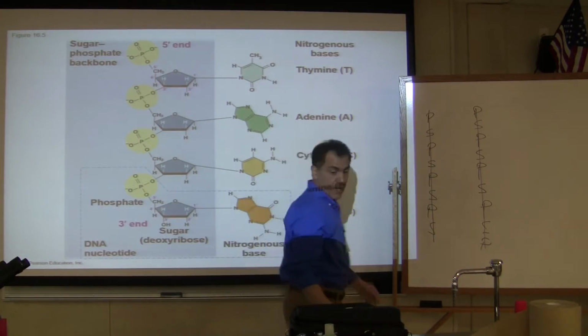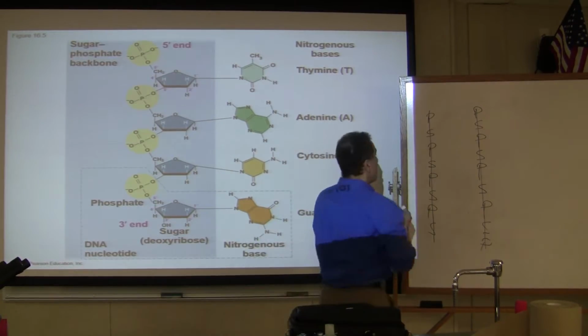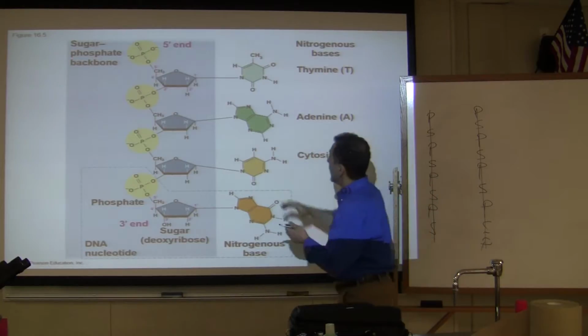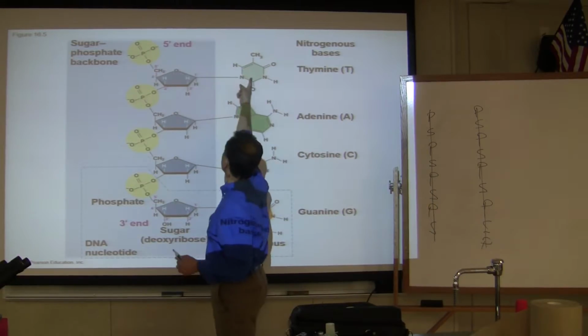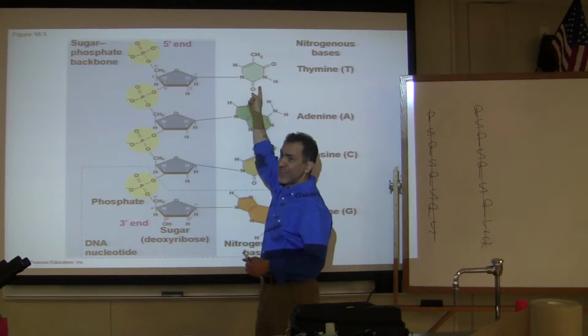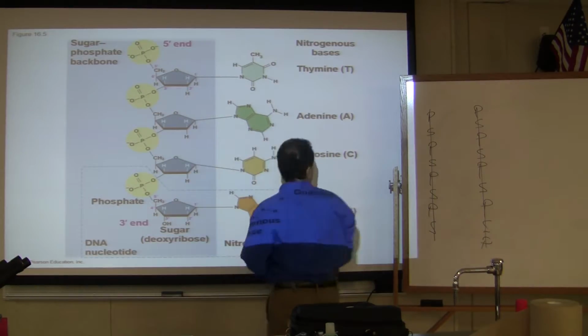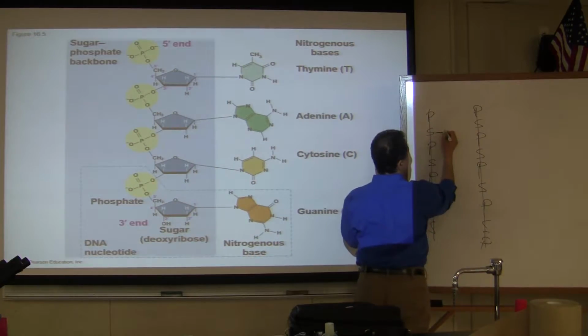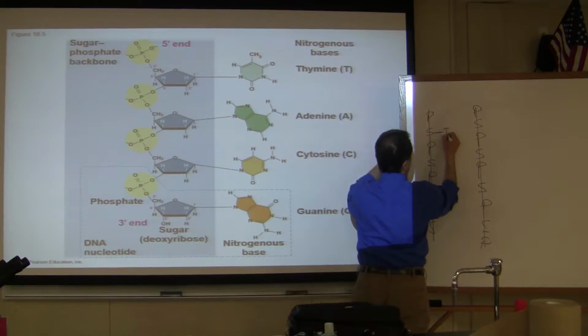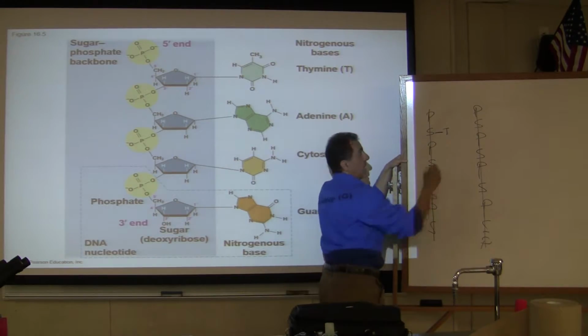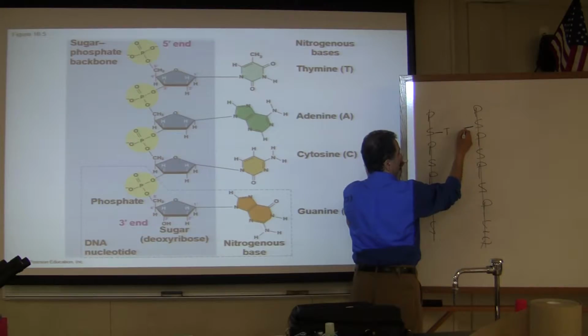So, what they proposed, the legs of the ladder are attached to what? To sugar or phosphate? The nitrogenous bases are attached to the sugar or to the phosphate? Sugar. So, right here is one nitrogenous base. I'm going to write down T. And the other sugar molecule right here has A attached to it.